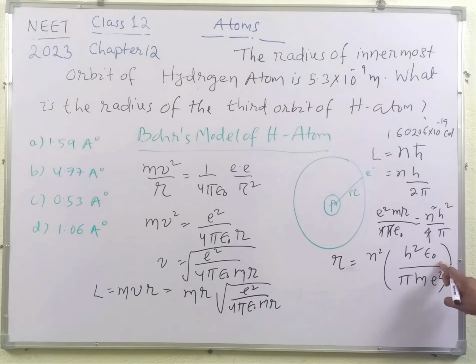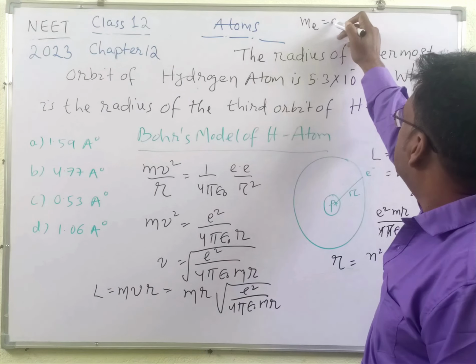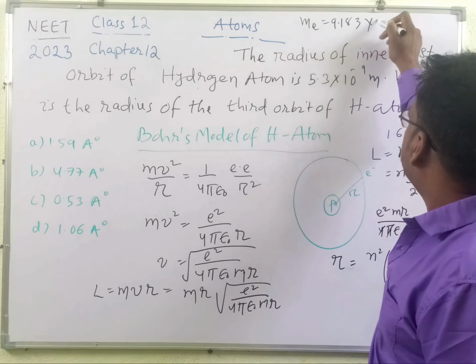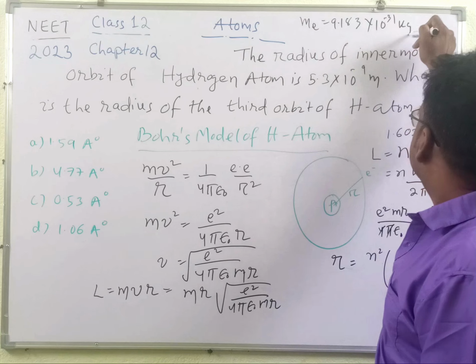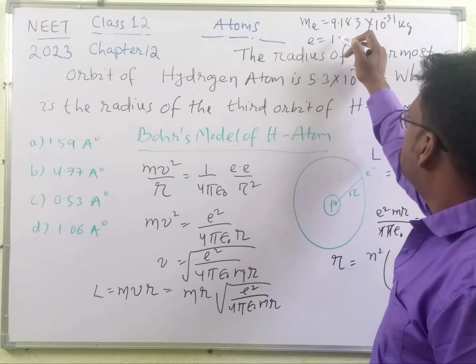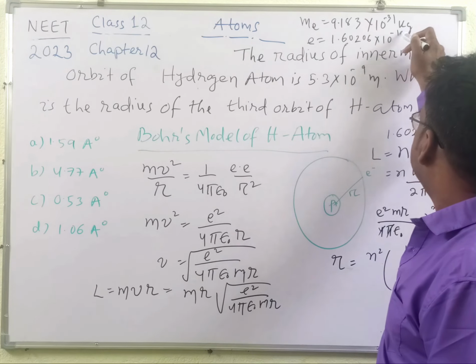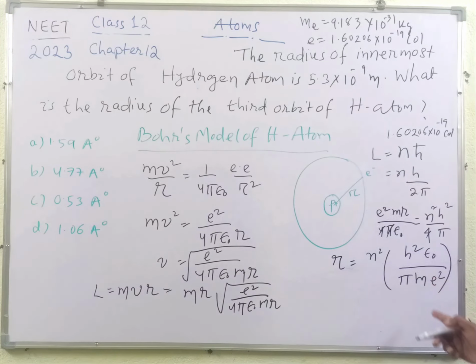And you see, h is Planck's constant. Epsilon 0 is the permittivity of vacuum, which is also a constant. Pi is equal to 3.14, which is a constant. Mass of the electron, we know, is 9.1 into 10 to the power minus 31 kg, which is also constant. And e, the charge on the electron, is 1.602 into 10 to the power minus 19 coulomb, again a constant.